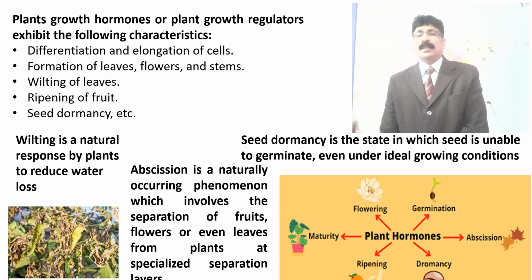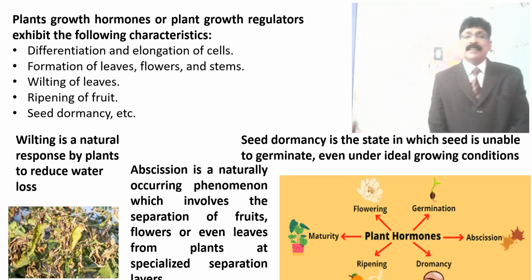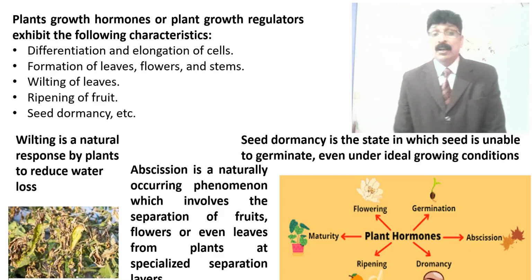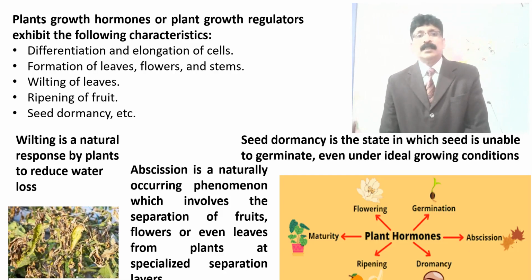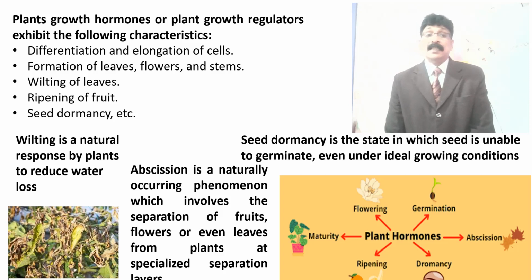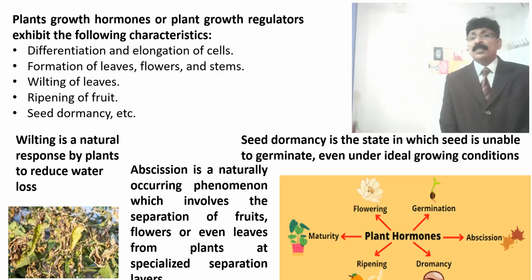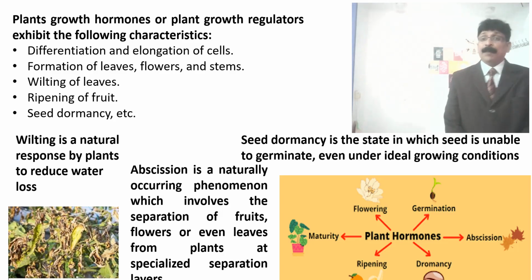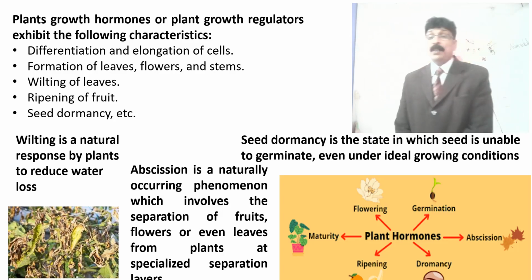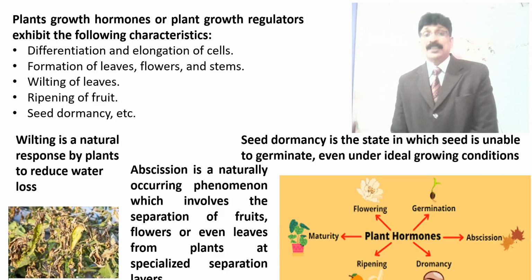Abscission is a naturally occurring phenomenon which involves the separation of fruits, flowers or even leaves from plants at a specialized separation layer. You can see the picture. Plant hormones are applied for germination, flowering, maturity, ripening, seed dormancy, abscission.